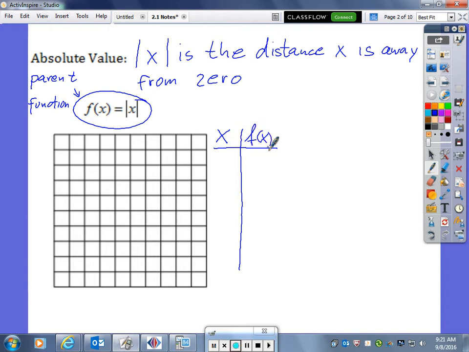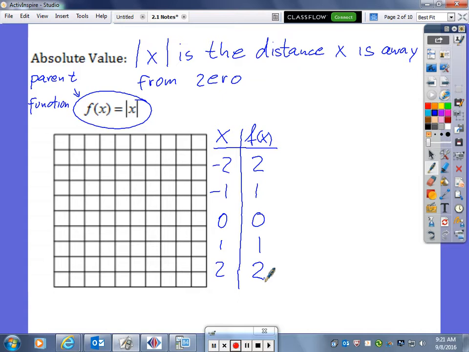I'm going to create a table of values using the values -2, -1, 0, 1, and 2 for x. And then f of x, the function of x, which is to say the same as the y, is 2, 1, 0, 1, and again 2.